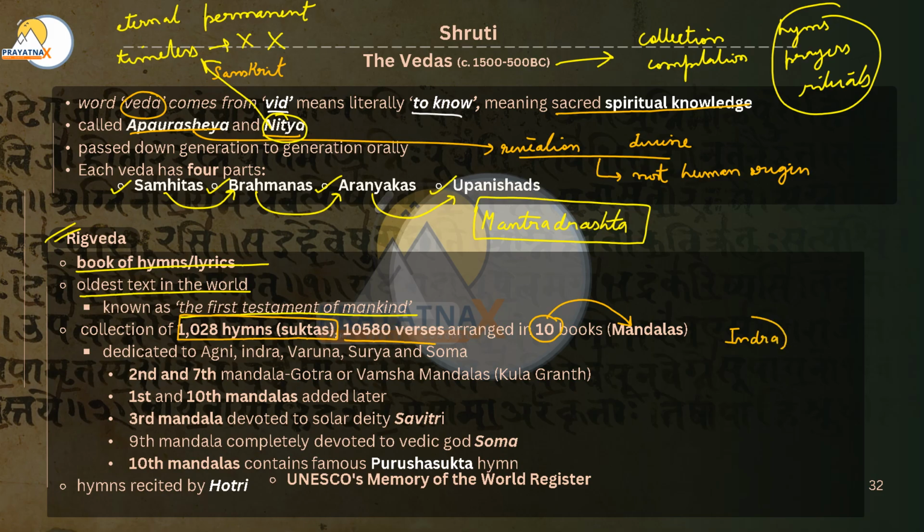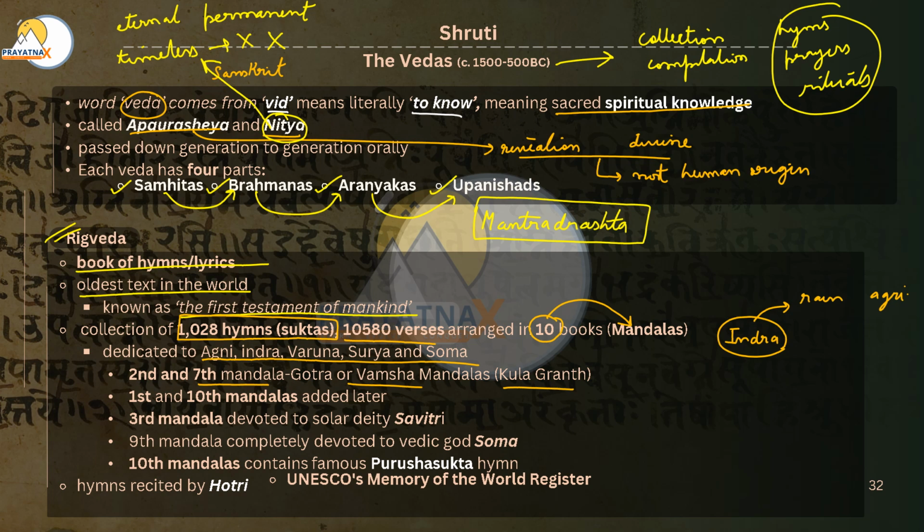Obviously, this is because of the relevance of rain and agriculture at that time, which is why he was the most important god. If you look at the other important gods at that time, they were Agni, Indra, Varuna, Surya, and Soma. You'll see the second mandala and seventh mandala are known as family books, broadly called Kula Granth or Vamsha mandalas.